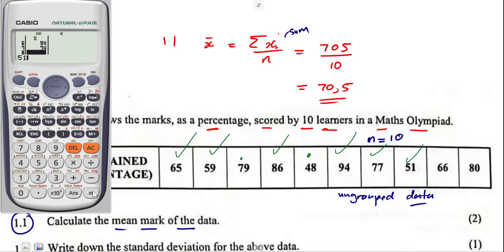Here the order is not important. Just insert the values as they are. Then 66, and also we have 80. Insert your values as they are.